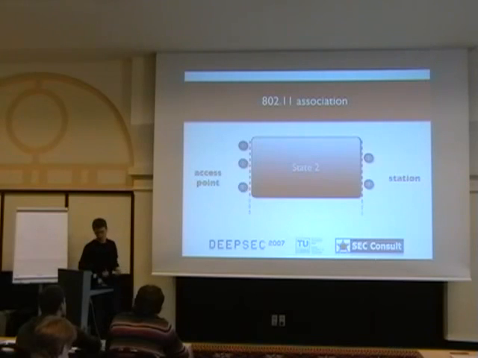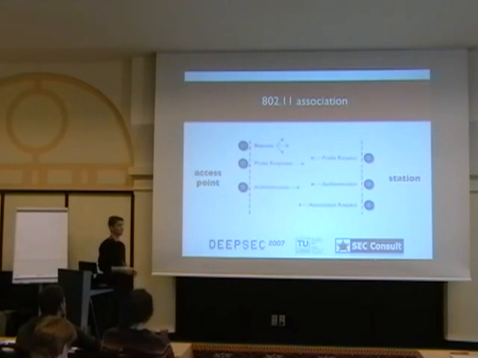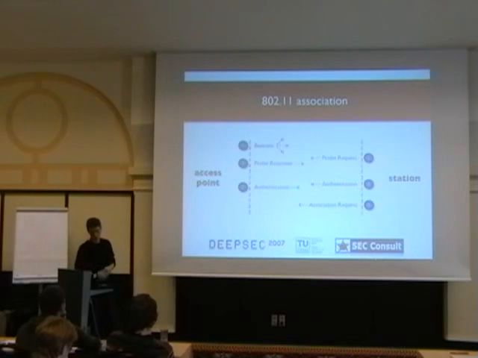So the next thing that has to take place is the association itself. Again, it's a request from the station basically saying, I know your MAC address, hello, Mr. Access Point, I want to connect to your network. Here are the parameters you might need for authentication. And if the access point wants to build up the connection, it again replies with an association response welcoming this new station in the network.